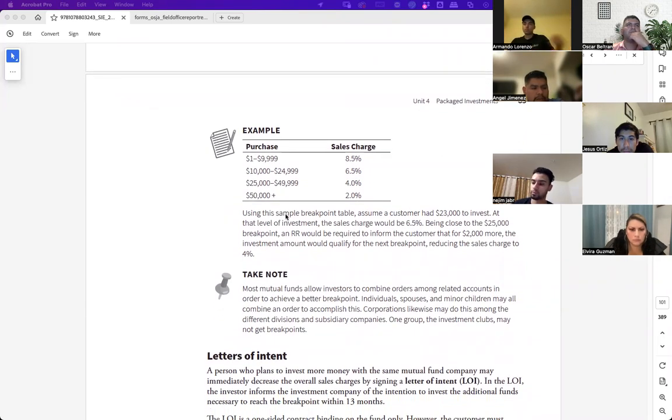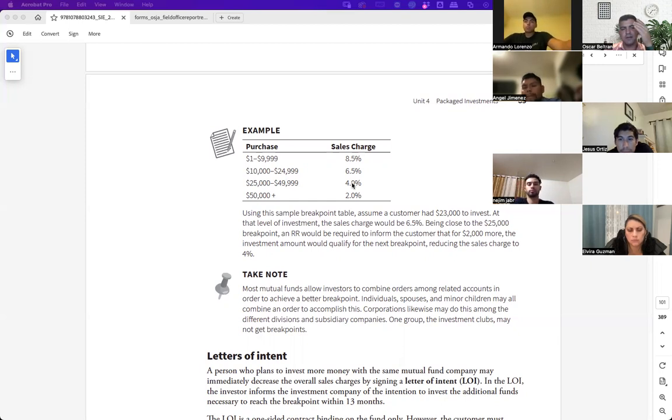Here it is. Using a simple breakpoint table, assume a customer had 23 grand to invest. At that level of investment, so look here, 23 grand, they're literally about 2 grand away from going from a 6.5% to a 4% sales charge.